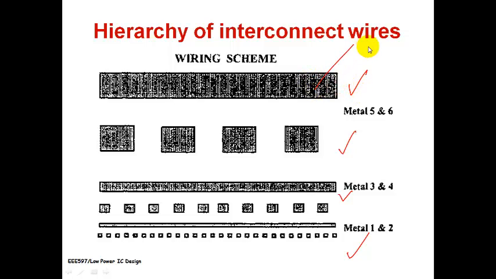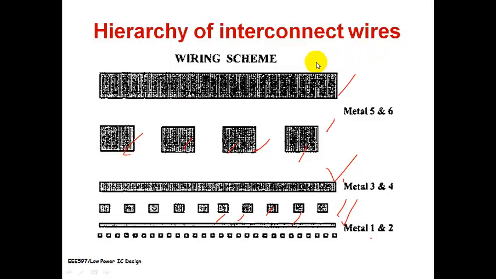This is metal 5 and 6, and this is metal 4, 3 and 2, 1, all these metal wires. As you see, the bottommost metal is how thin, the next metal 1 and 2, metal 3 and 4, you see the cross section here, and metal 5 and 6 are how big they are going to be.